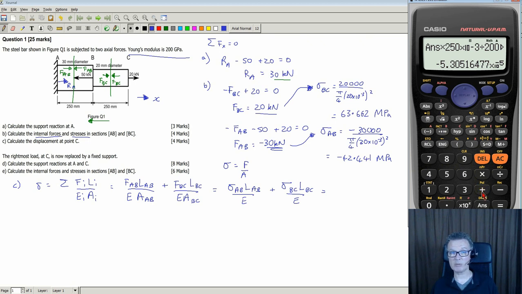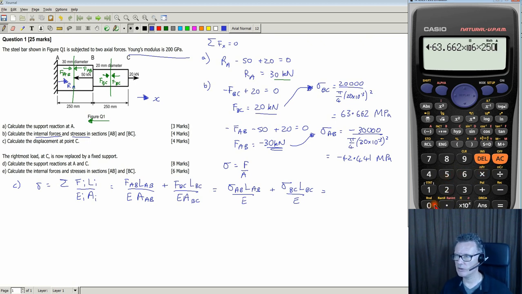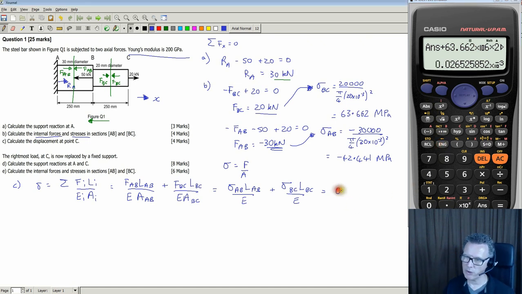So the AB section I'm expecting to get compressed a little bit, and the BC section I'm expecting to get extended a little bit. So plus 63.662 to the power 6 times its length, 250 again, divided by 200 gigapascals. So overall, let's do this in millimeters. So overall we get 0.0265 millimeters.